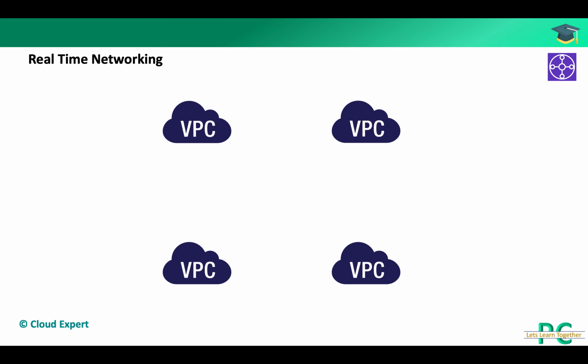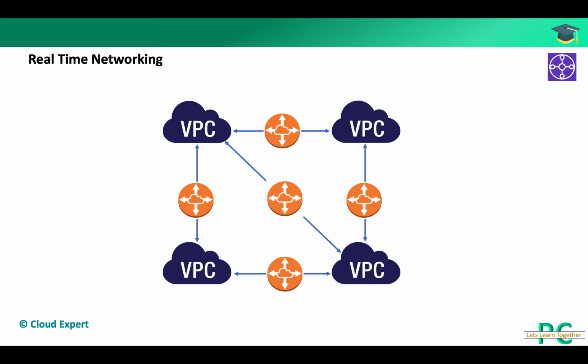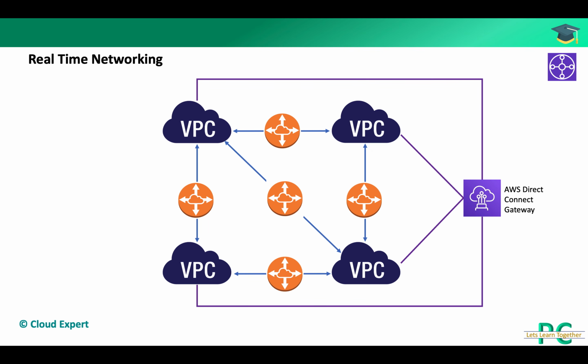And if you want to establish communication between each and every VPC, you have to establish a dedicated peering connection between each and every pair. Now let's say you want to connect one AWS Direct Connect gateway with all your VPCs. So again, you have to establish a dedicated connection with the Direct Connect gateway.